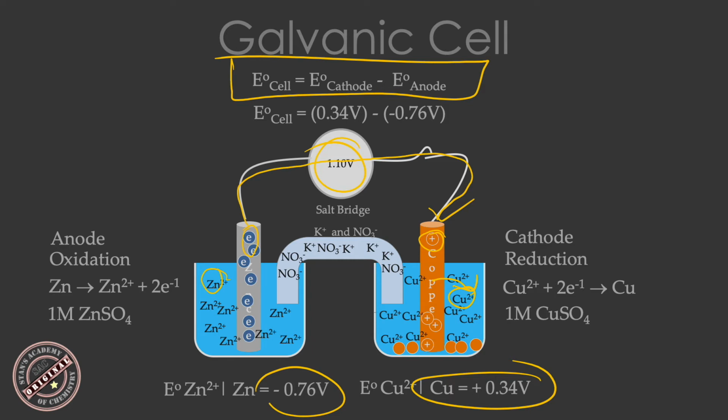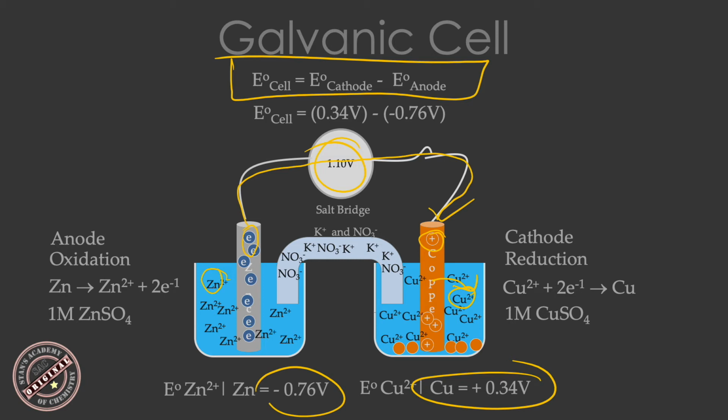So we can explain why there is a potential difference, and we can calculate the cell potential by explaining the chemistry behind the reactions, that is the oxidation half reaction on the left compartment and reduction half reaction on the right compartment.